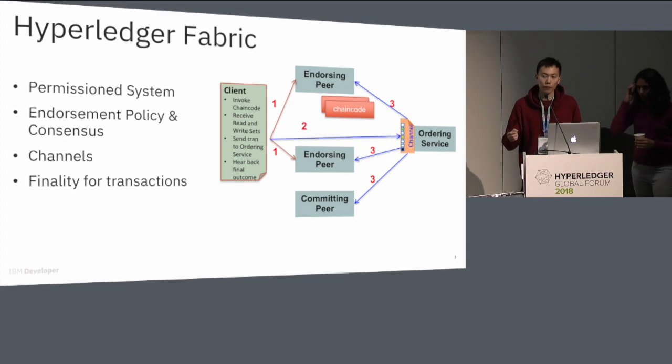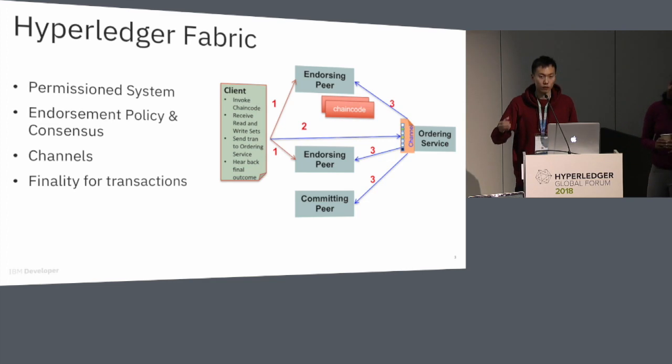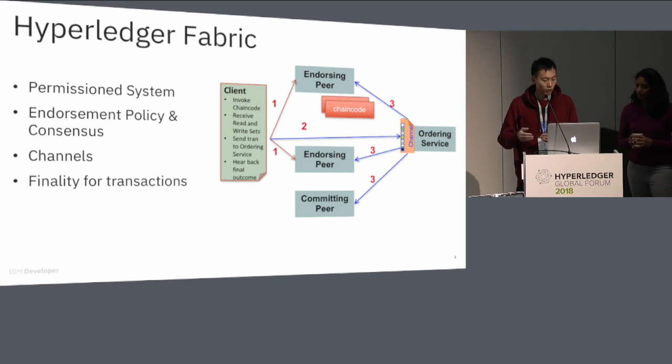If you attended the keynote on the first day, for a lot of proof-of-work style consensus, we have probabilistic consensus. After a certain number of blocks, you don't have an absolute guarantee that your transaction will not be reverted, but it's very highly likely that it will be final. But in Fabric, we have finality. Once your transaction is in, it will never be reverted.